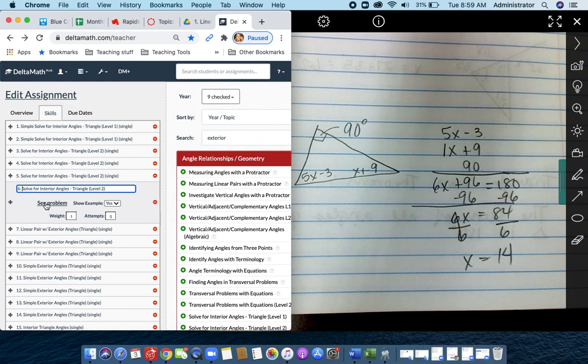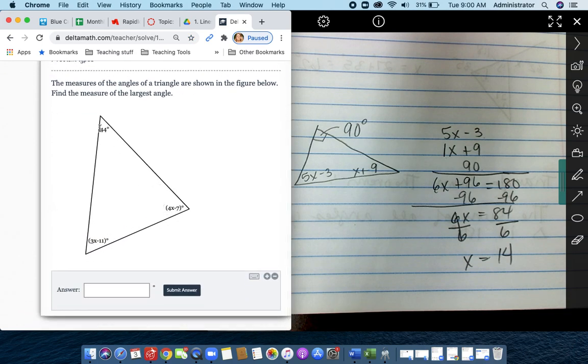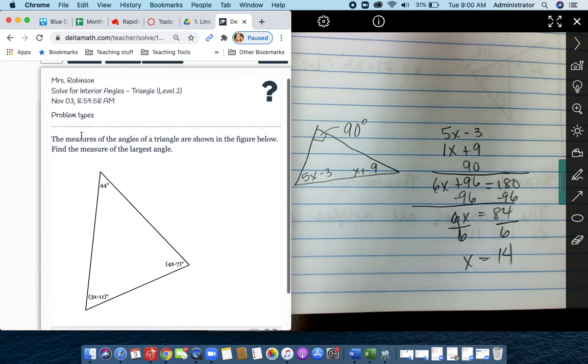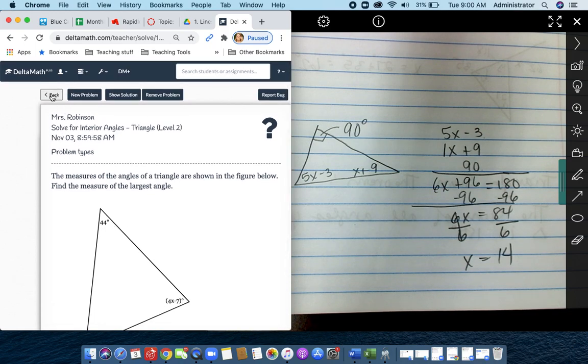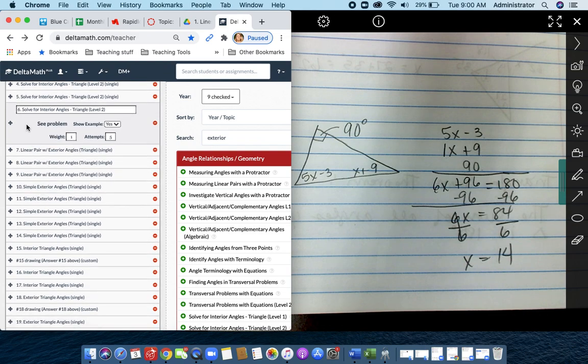All right, and then number 6 is a different one. It's not a right angle this time, but you can stack them like I did in number 5. So do your work for number 6 in your notebook, and then type in your answer for 6, and then rejoin the video.